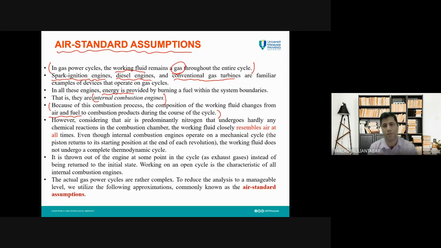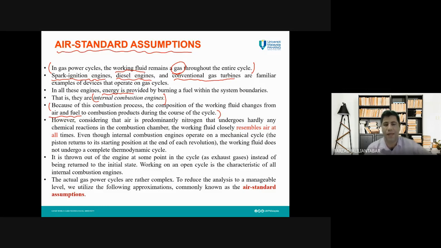First problem: as I said, for a power cycle, we need to assume we have a gas throughout the whole cycle. But here we have fuel from one side and air from the other side. So we have two kinds of fluid, and one of them is not generally speaking a gas. So how we can deal with this type of cycle, we will see later.